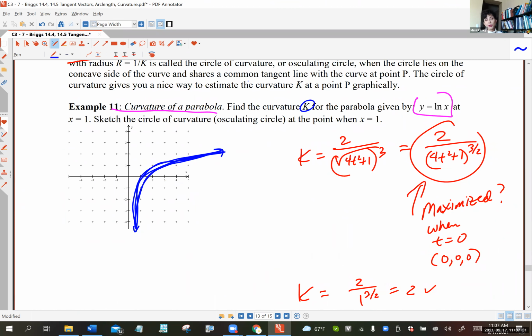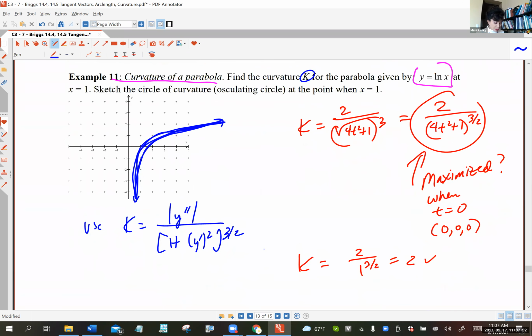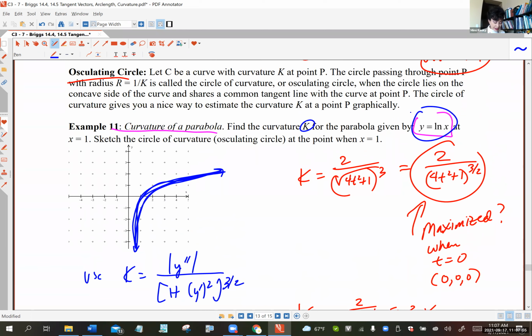Or you could parameterize this curve and then do one of the other parameterization curvature formulas. So we're going to use K equals absolute value of y double prime all over the quantity 1 plus y prime squared to the 3 halves. Woo, yikes. All right. So what do we got? Well, we have y equals ln of x. Okay.